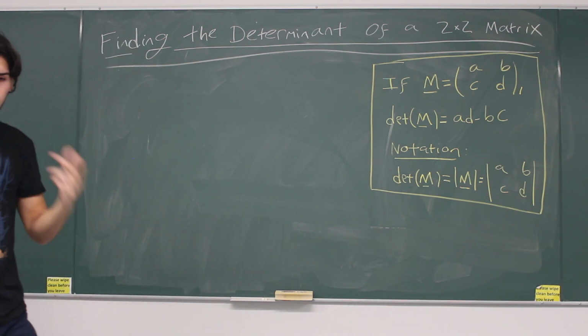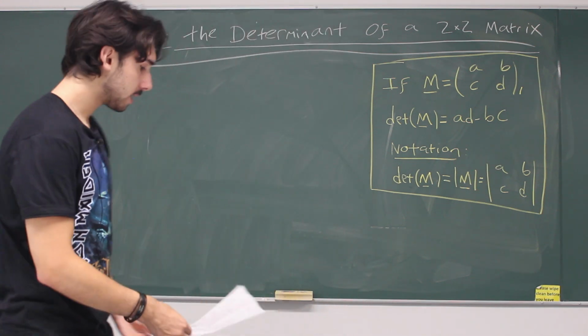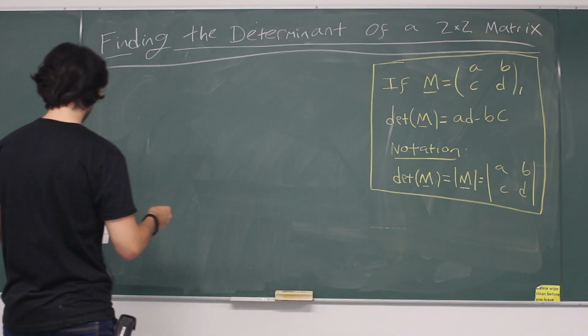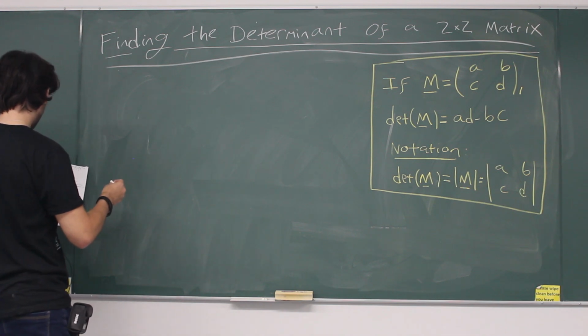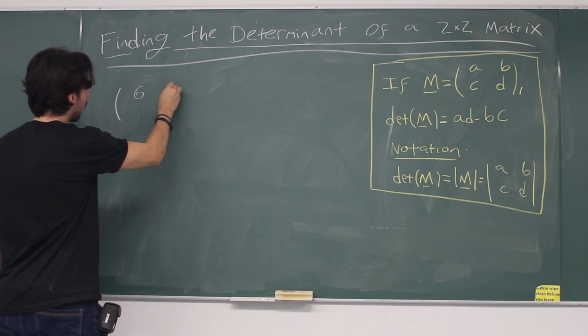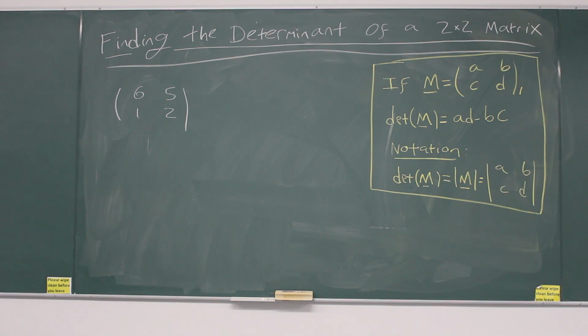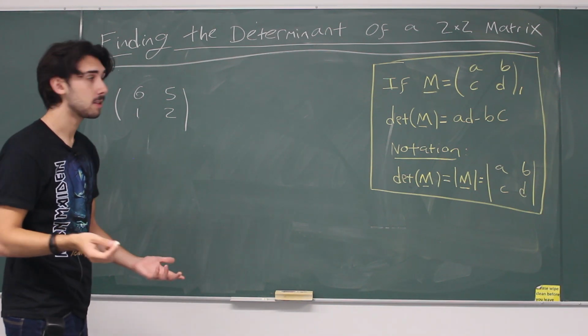Okay? So let's actually go through an example question of the determinant of a matrix. We're going to come up with the matrix, let's do 6, 5, 1, 2. Let's find the determinant of that matrix. How are we going to do that? Well, it's literally this simple.